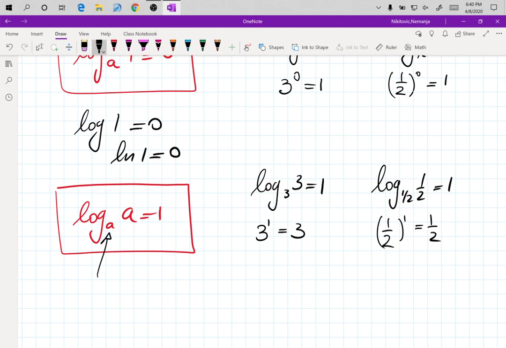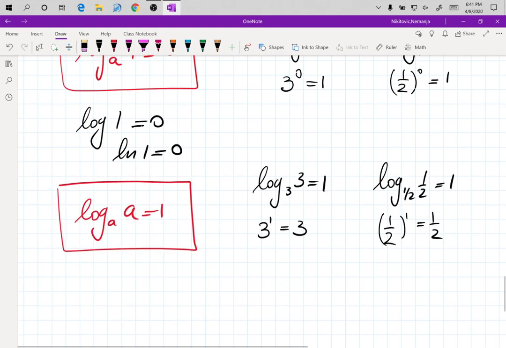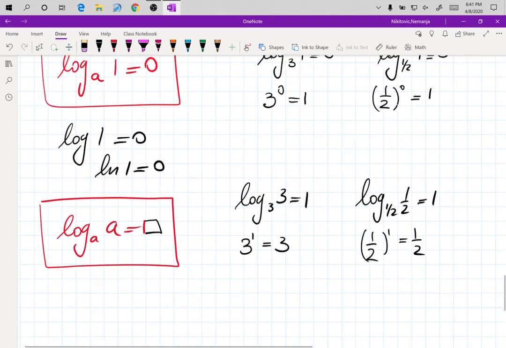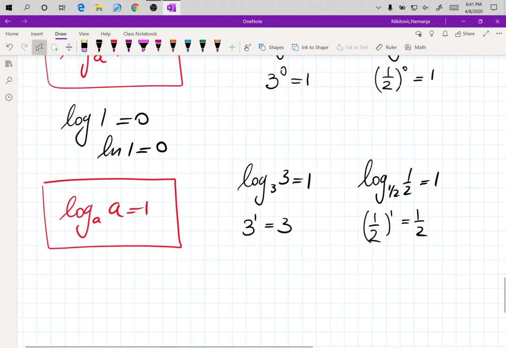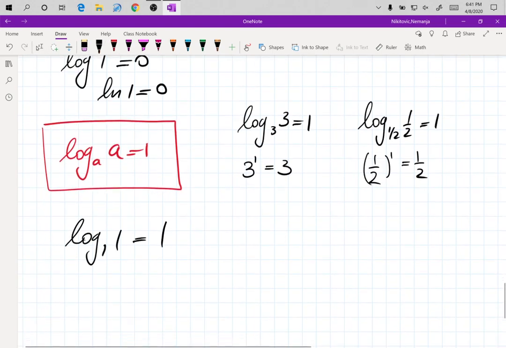Because you have a 1 and you have a 1, and those are the same because 1 is equal to 1. It has to return whatever is in the formula, right? If this over here was, I don't know, a square, then log 1 of 1 would be a square. Because when you have log 1 of 1, you are going to get 1.